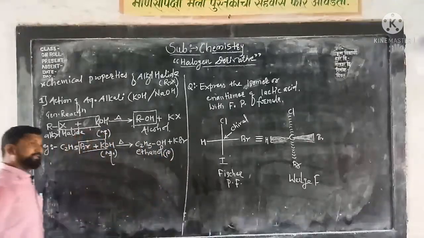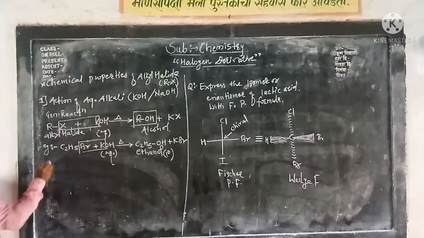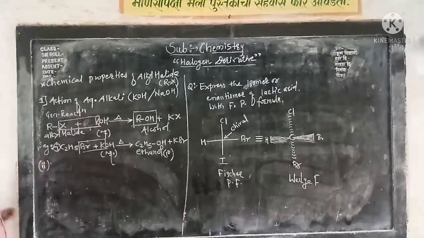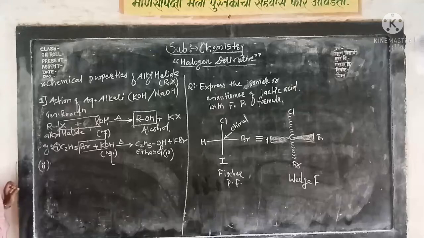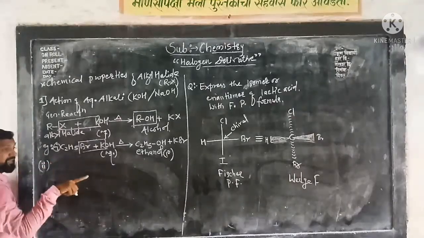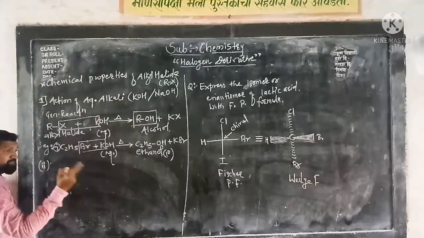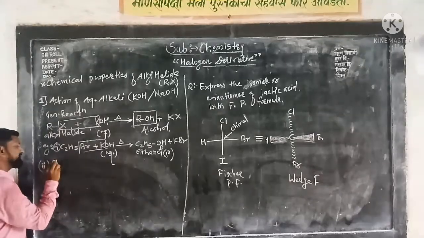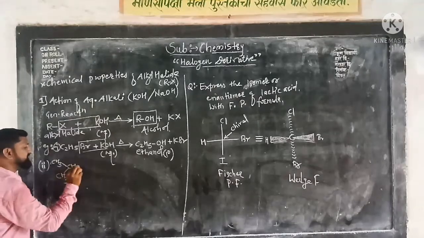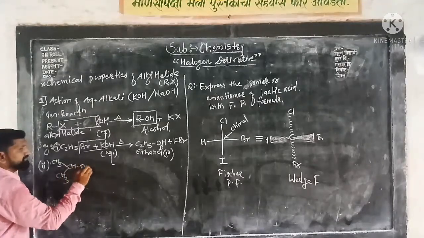Now a 2 degree alcohol can also be prepared. For example, number 2: let us prepare the 2 degree alcohol isopropyl alcohol. Take an alkyl halide containing the same alkyl group, CH3CHBrCH3.